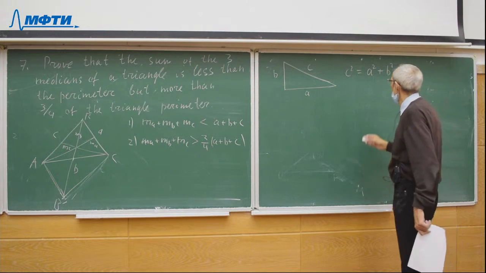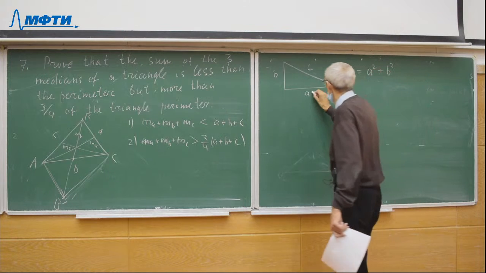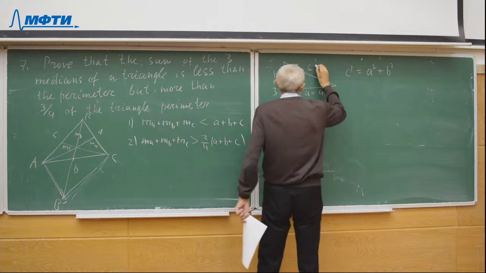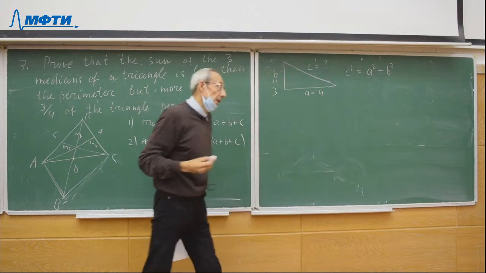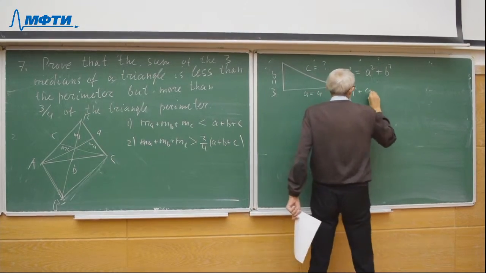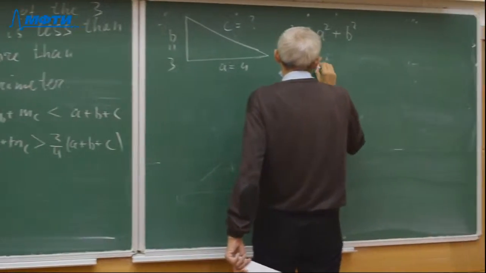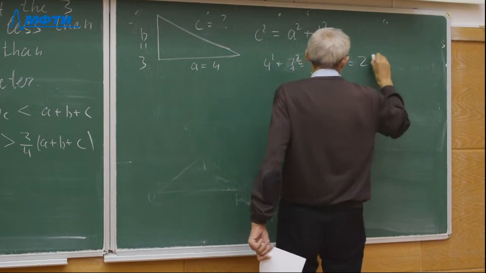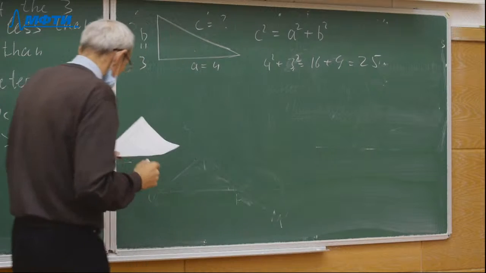For example, if A is equal to 4, B is equal to 3, C is equal to 5.